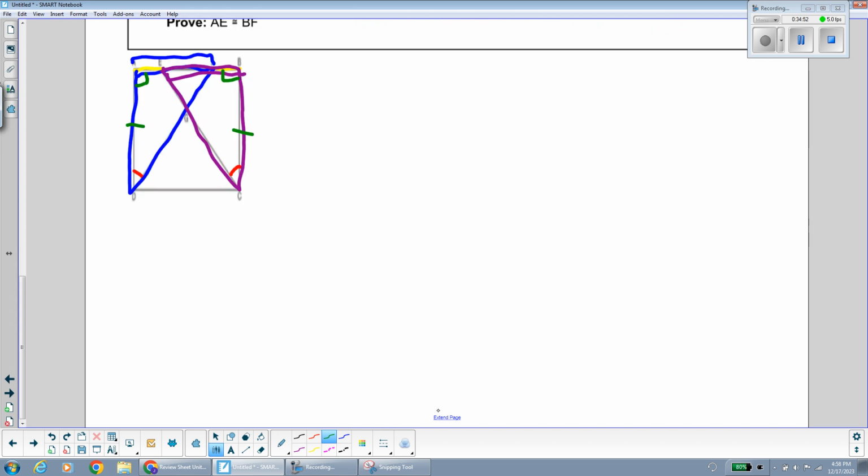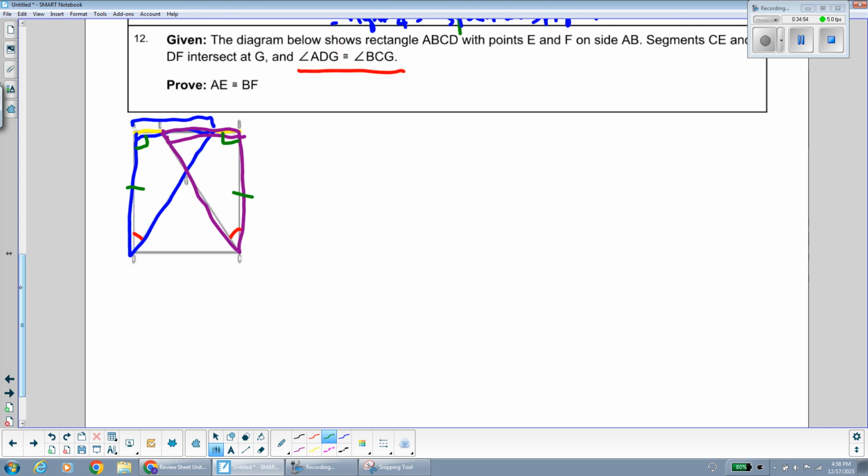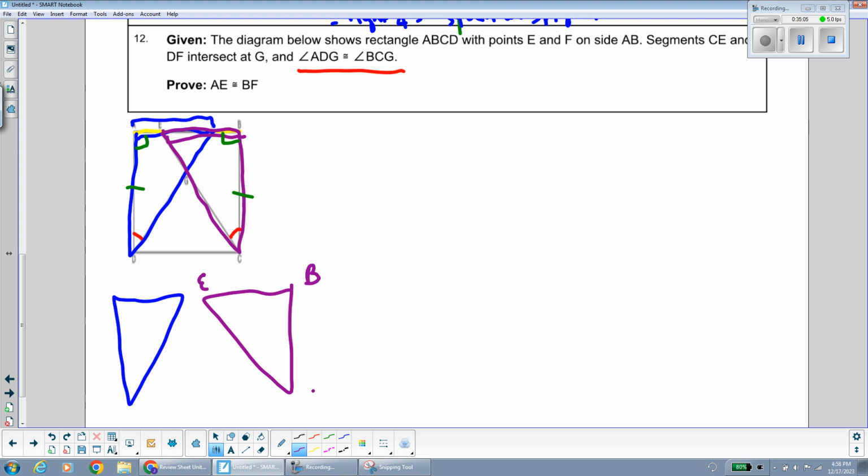And if you're wondering why we're going to do this, if I draw the triangle separately, it might make a little bit more sense. So this is BEC, and this is AFD.